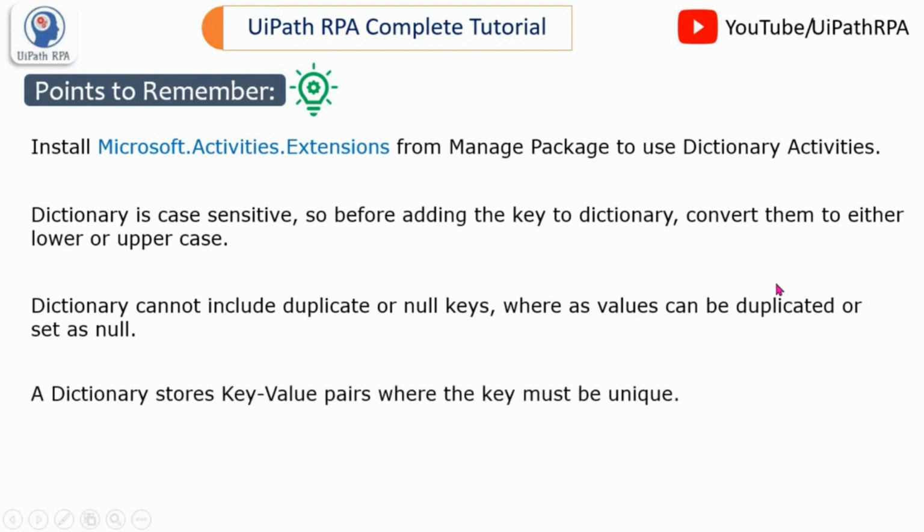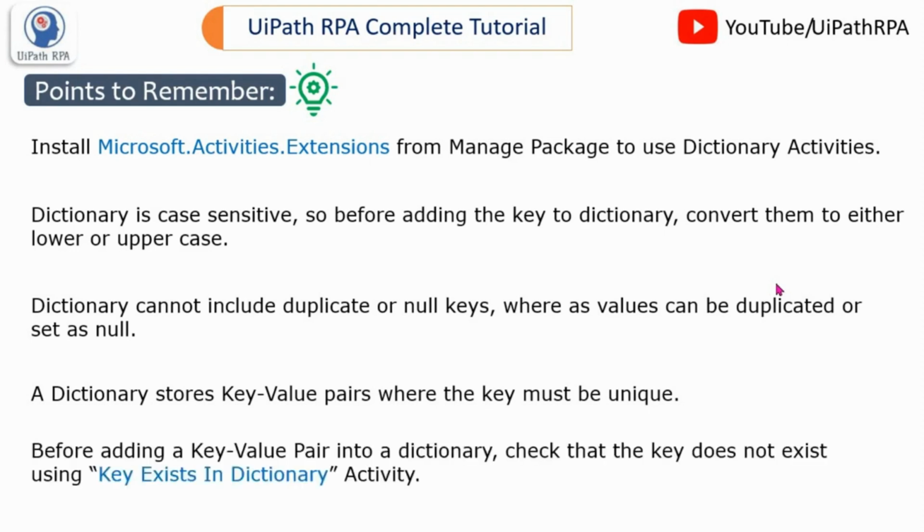Now a dictionary stores key-value pairs where the key must be unique. That I already told you, like a dictionary cannot include duplicate keys. So this is the same, this must be unique. And the last, before adding a key-value pair into the dictionary, check that the key does not exist using the Key Exists in Dictionary activity.